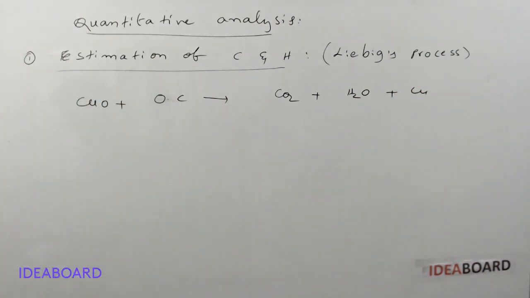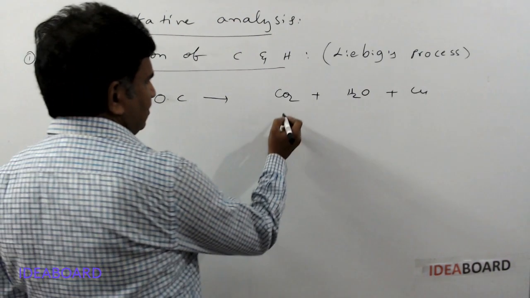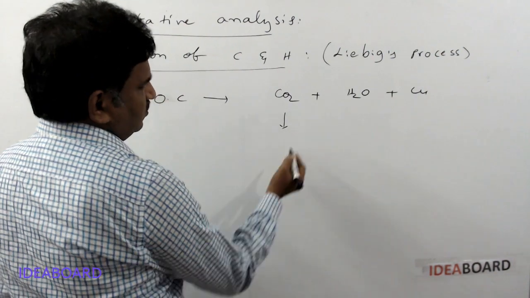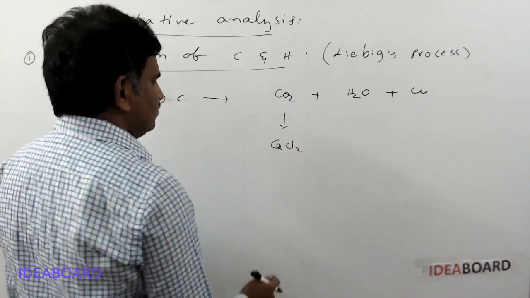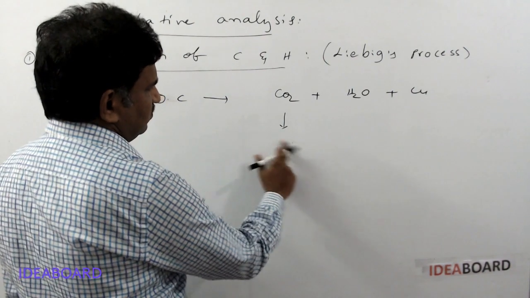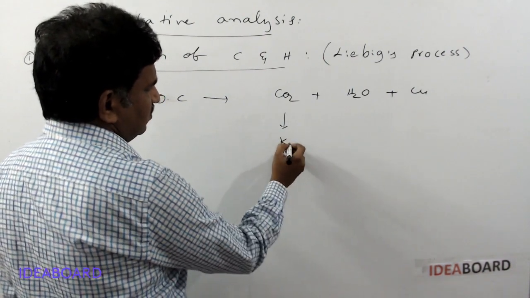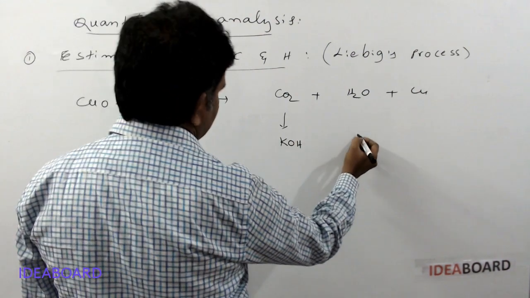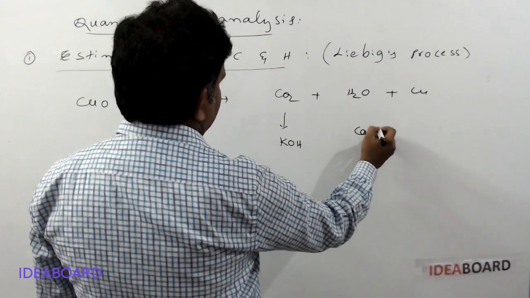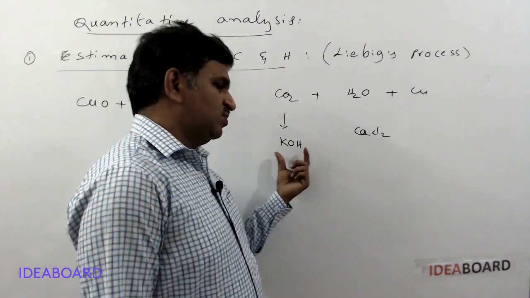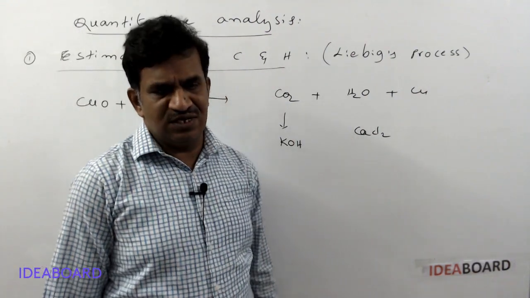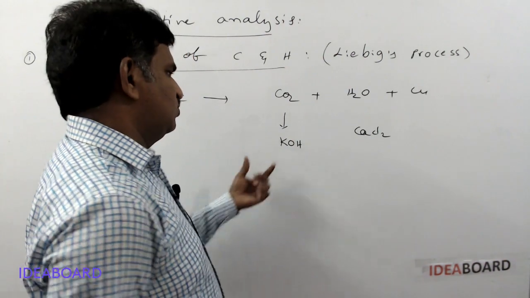This CO2 and H2O formation is identified by passing through KOH and CaCl2. Carbon dioxide is absorbed by KOH, and H2O by calcium chloride. So the U-shaped tubes of KOH and CaCl2 are there, and the gases are passed through these tubes.